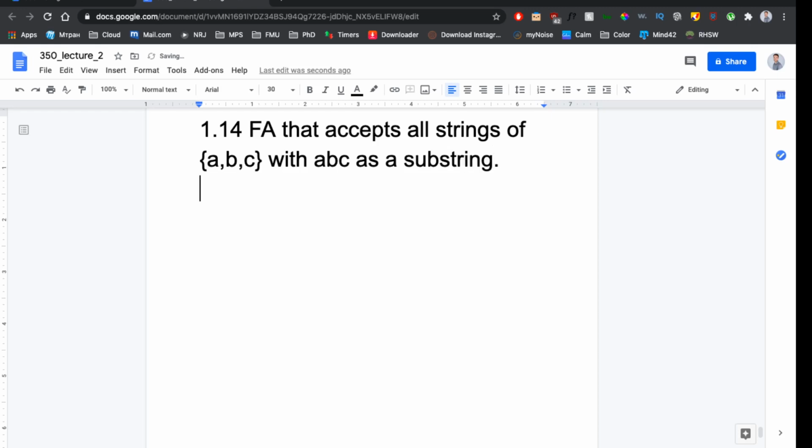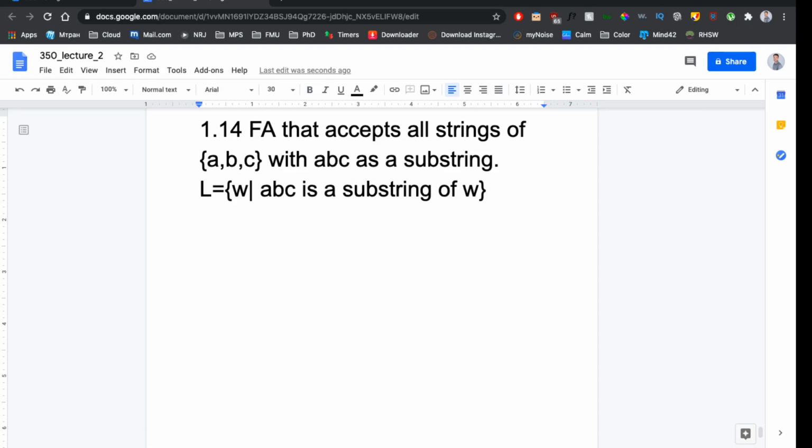Technically, that's the language of all strings omega such that ABC is a substring of omega. Perfect, so let's talk about that.